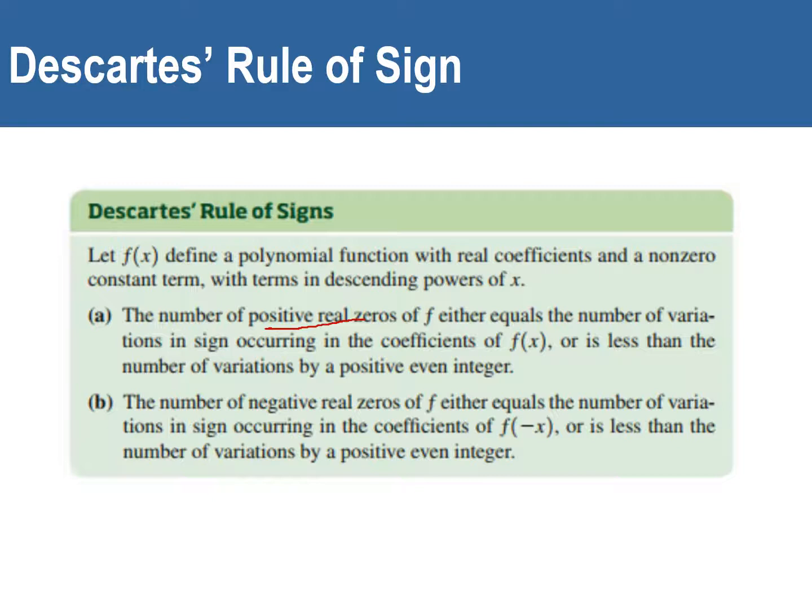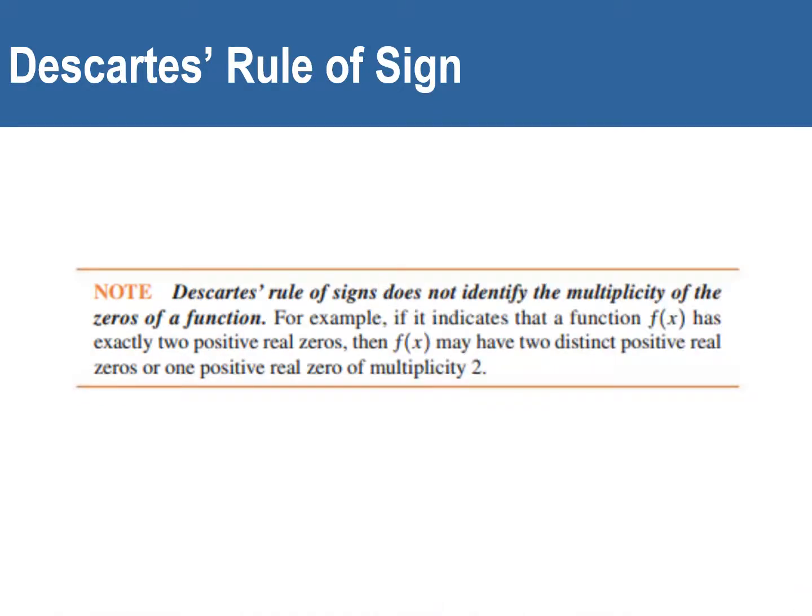For the negative real zeros, you put in f of negative x and count the number of sign changes, and it is equal to that number of sign changes or less than that number by a positive even number. Now, it doesn't identify the multiplicity of the zeros. So if it has exactly 2 positive real zeros, it could have 2 distinct ones, or one positive zero with multiplicity 2.